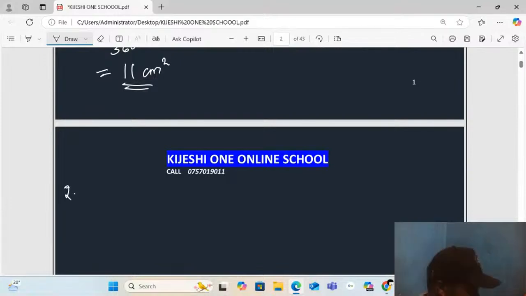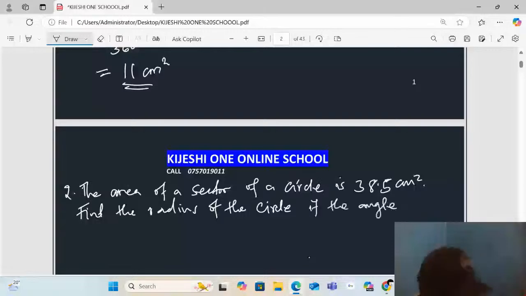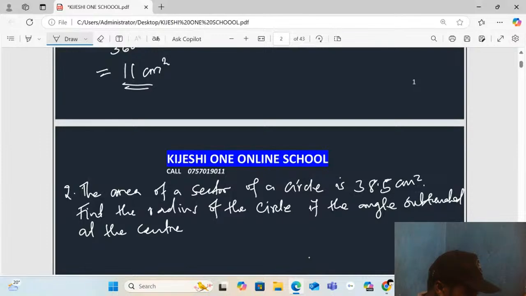And the question reads, the area of a sector of a circle is 38.5 square centimeters, and the angle subtended at the center is 90 degrees.